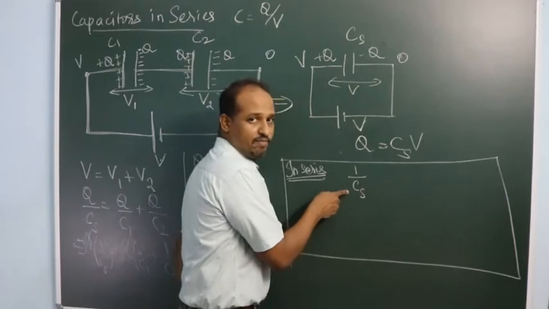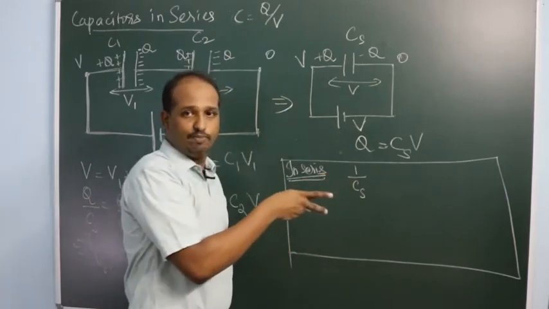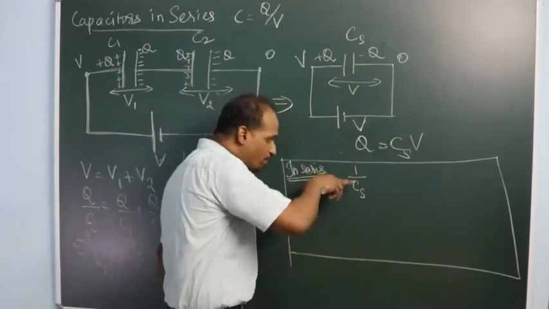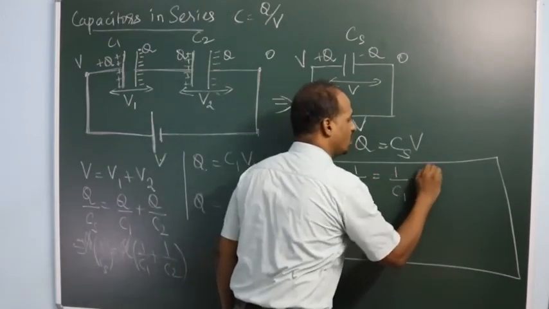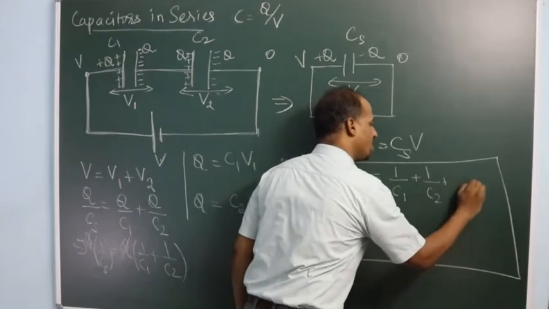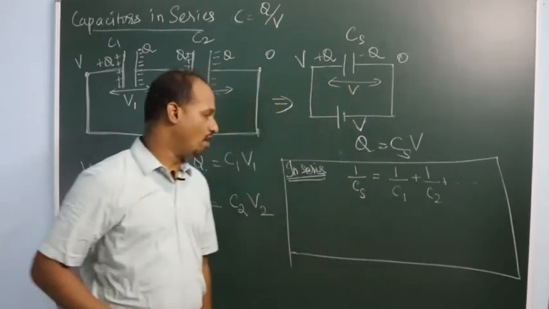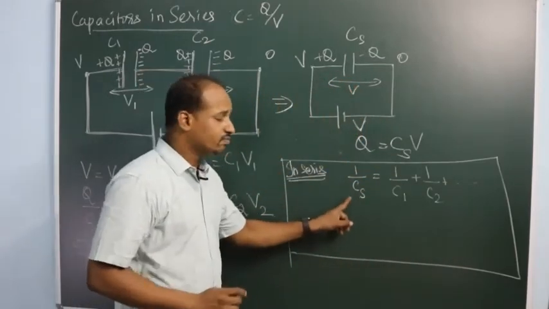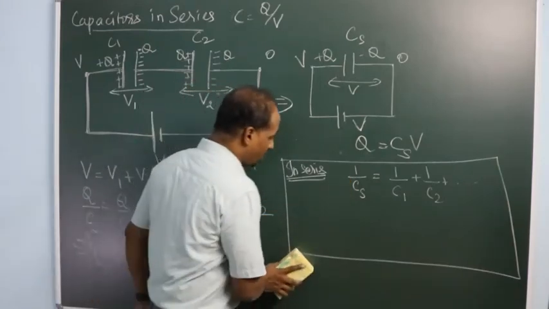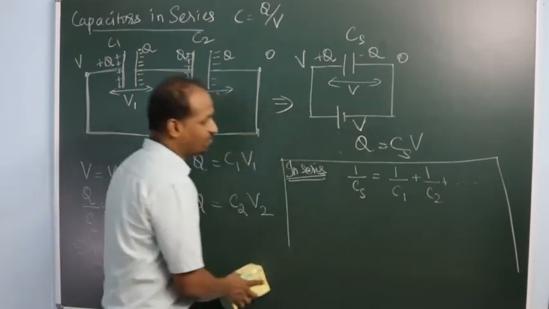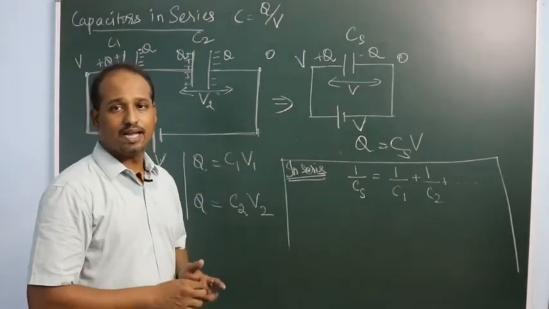The reciprocal of the effective capacitance will be the sum of the reciprocals of all the capacitances. If there are n capacitors, you have to add all of them. Hence, in series combination, the reciprocal of the effective capacitance is the sum of the reciprocals of the individual capacitances.